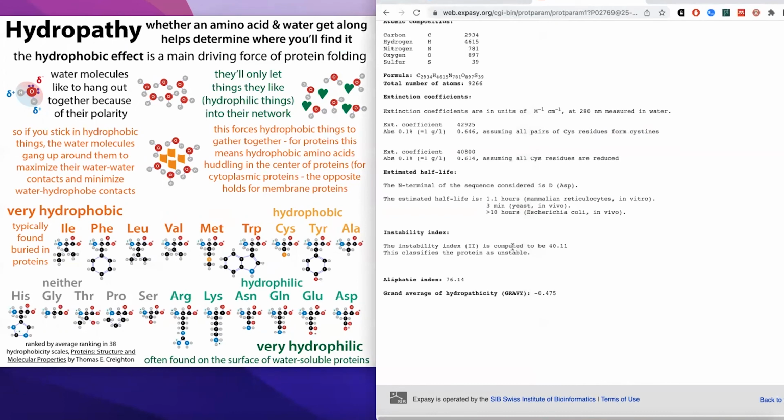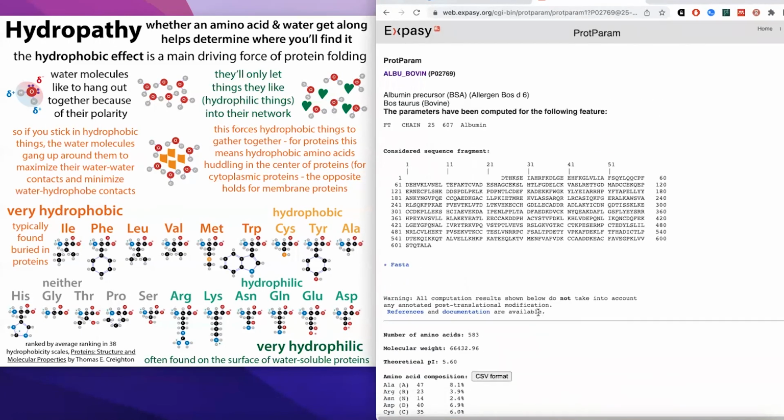A protein that's more hydrophobic is often going to be more excluded by water, and this could influence where it's located in cells, et cetera. It uses this GRAVY score to tell you the grand average of hydrophobicity, which I'm not exactly sure how to interpret, but it's something you could look into if you were interested.